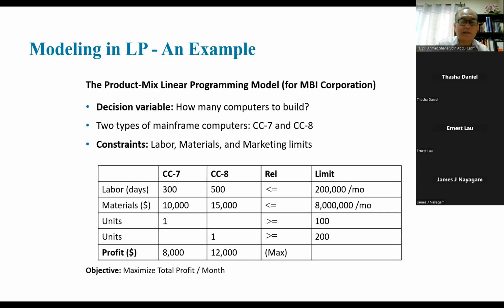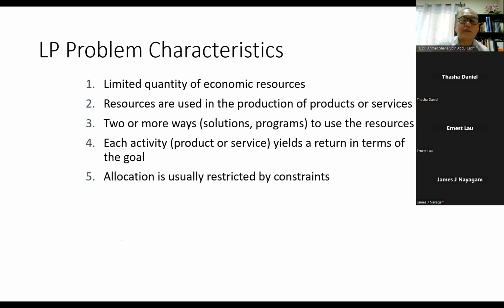We have an example later, but for the time being, these are the characteristics that you need to understand. We have a limited quantity of economic resources. We have scarcity.